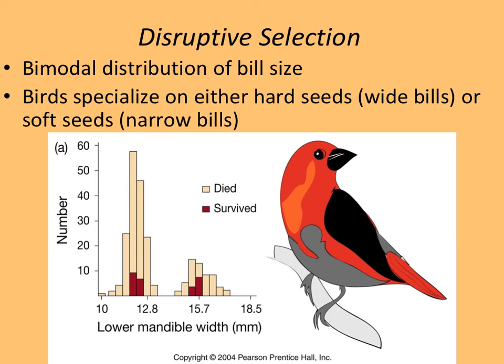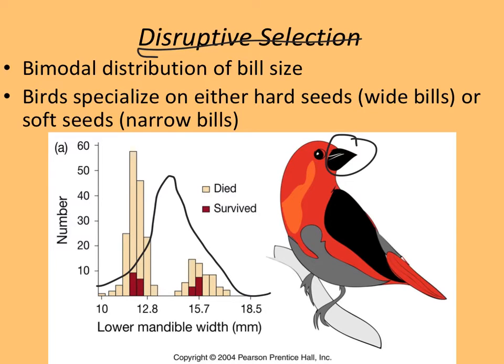There's another thing called disruptive selection. Okay. And as you can imagine, there's actually selection against the average and selection favoring the extremes. And initially, we might have had a distribution like this, and then we're talking about bill size again, right?